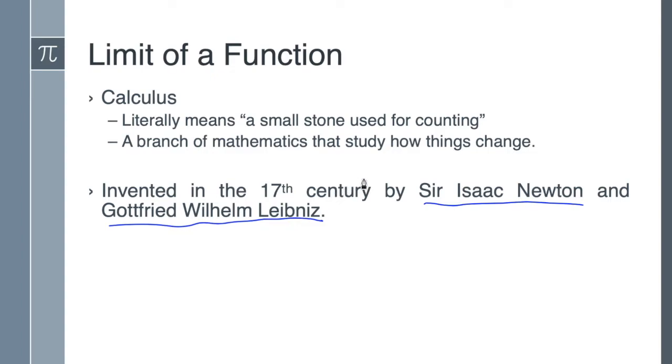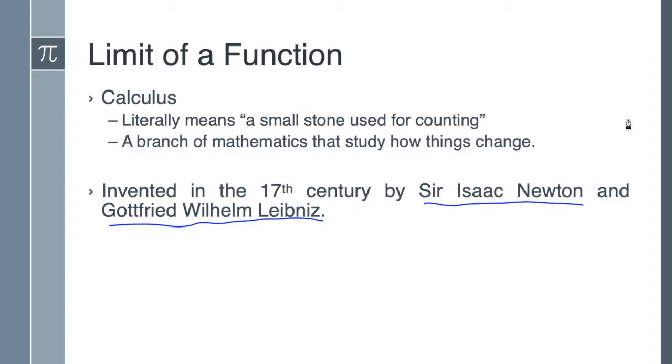I believe that Newton started with differentiation first in his work with fluxions, and Leibniz is the one who started with integration first. But of course, in the fundamental theorem of calculus, both are opposite operations of each other. Leibniz is the one who created the integral sign.